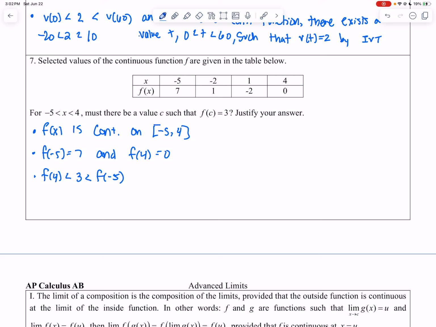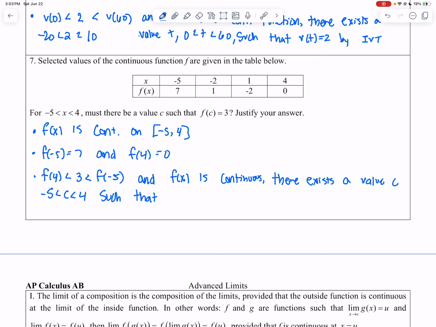And f of x is continuous. There exists a value c between negative 5 and 4 such that f of c is equal to 3 by IVT.